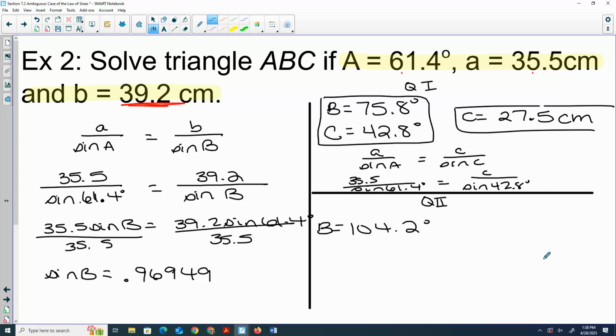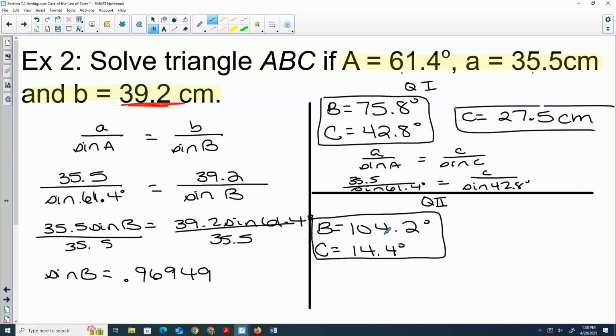We also need to check for that third triangle, or sorry, the second triangle. So we need the third angle. We have to do 180 minus the 104.2 minus the 61.4. We get 14.4 degrees. This is also the case where you'll catch it if the second triangle doesn't work.